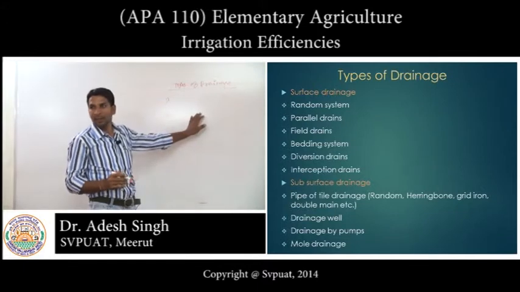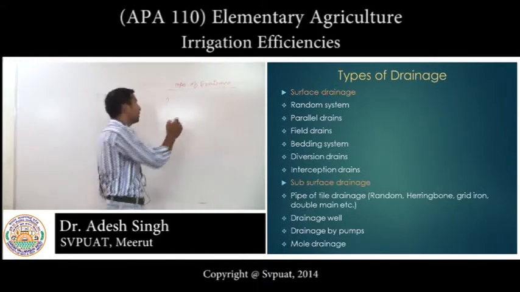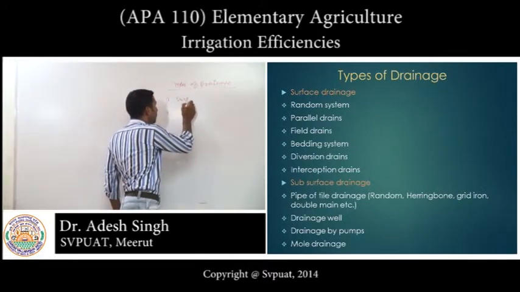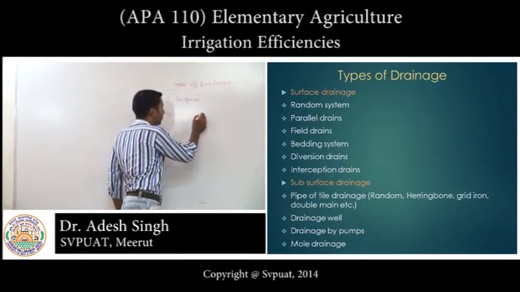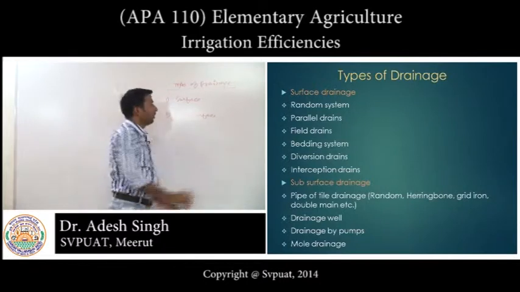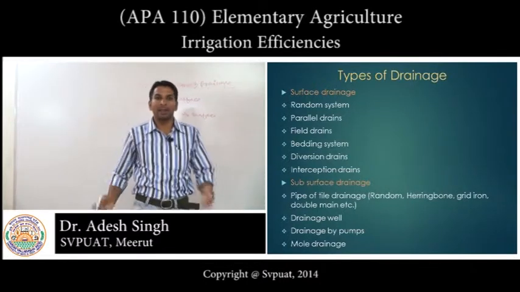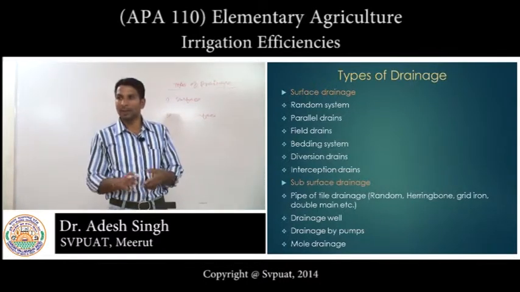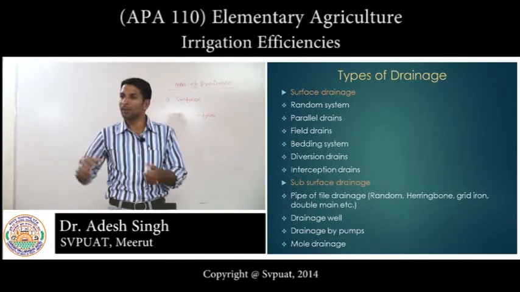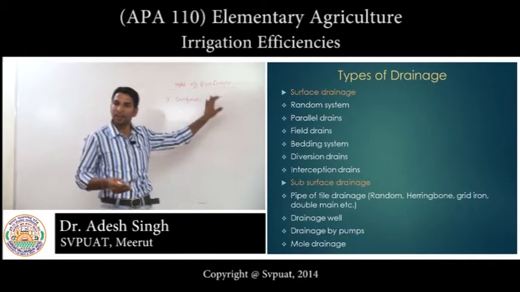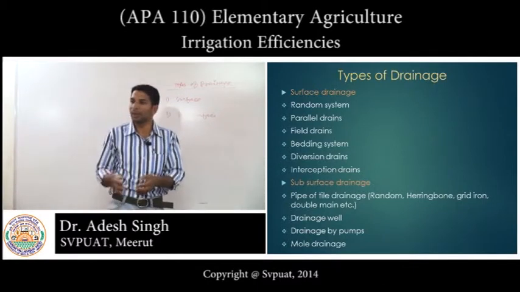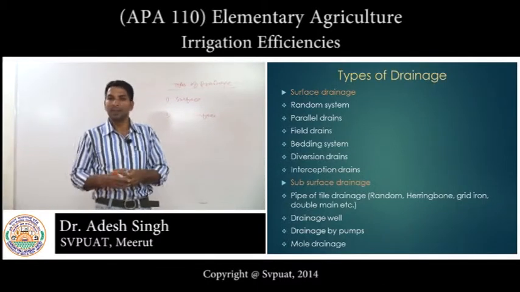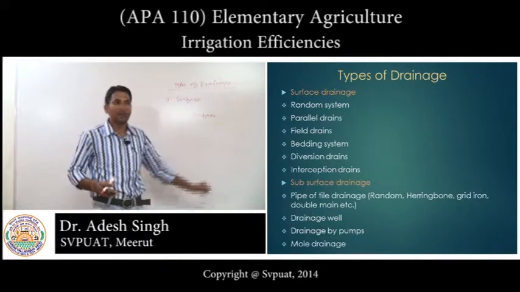One is surface drainage, another is subsurface drainage. If the water available over the soil surface is drained off, this is known simply as surface drainage. And if the water present in the root zone soil is drained off, this is known as subsurface drainage.